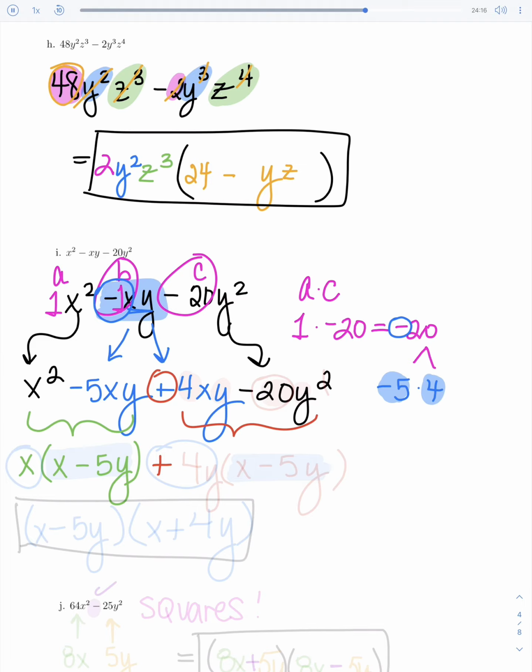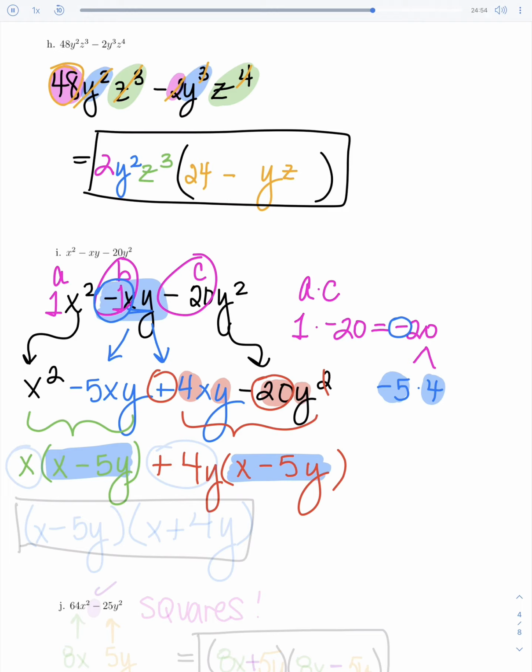And let's see, what do they have in common? Well, notice that they have a 4 and a 20, which means that they're both divisible by 4. And notice they both have at least a y there, so I can factor out a y. So I'm pulling out a 4 and a y. Pulling out a 4 and a y will just leave me with an x on the first piece. Dividing the 4 into 20 will leave me with a 5, and I'll still have one of the 2 y's left over, which is perfect because now I have my matching x minus 5y, parentheses and all, that I can now pull out.